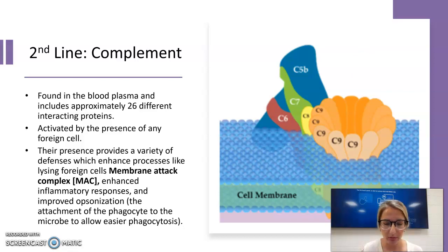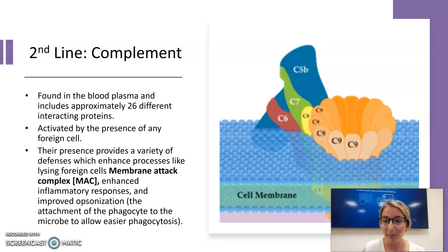It's going to sit on the surface of a bacterial cell and essentially poke holes within the cell membrane of the bacteria. And when the membrane attack complex pokes holes in the cell membrane, that's going to cause the internal contents of the bacteria to leak out, and the bacteria will shrivel up and die eventually. So essentially, the membrane attack complex is stabbing the bacterial cells to death.